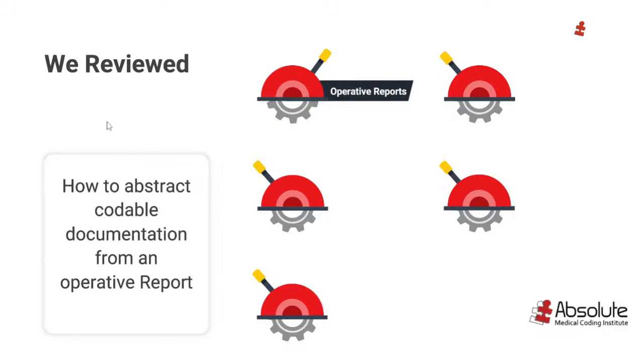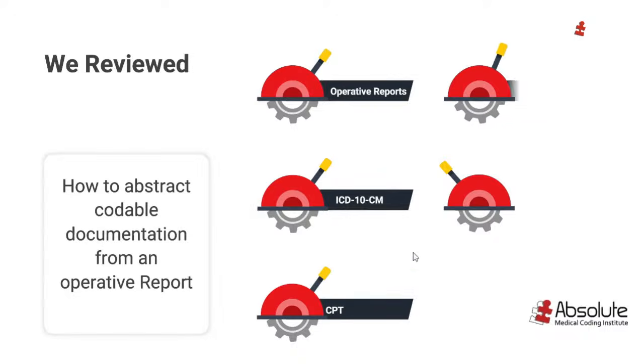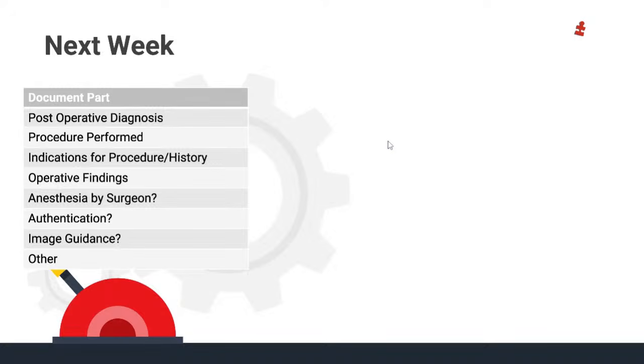Today we learned in a basic way how to abstract codable documentation from a medical record. We emphasized ICD-10-CM and CPT coding guidelines, and we didn't really talk so much about keyword concept, but it was integral. And we did a practical application exercise. Only one person may have put their answers in the chat.